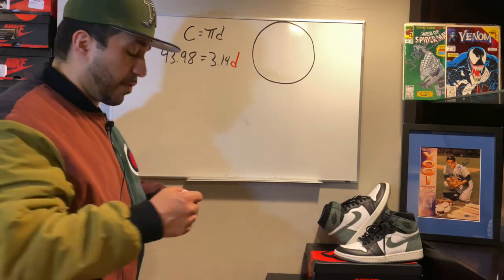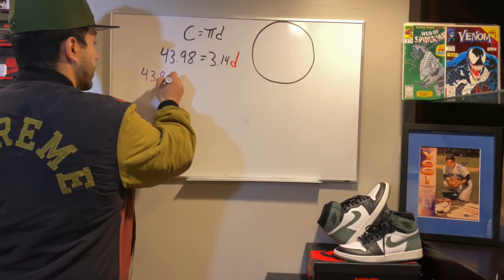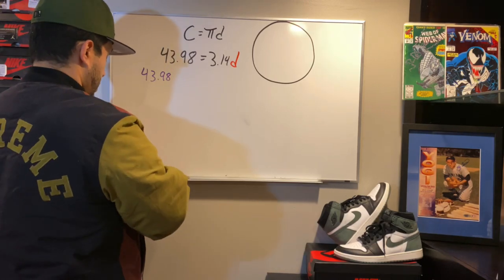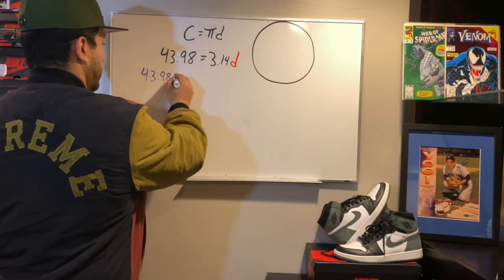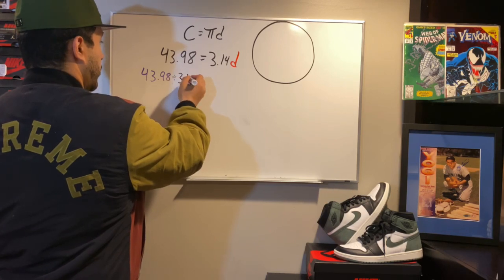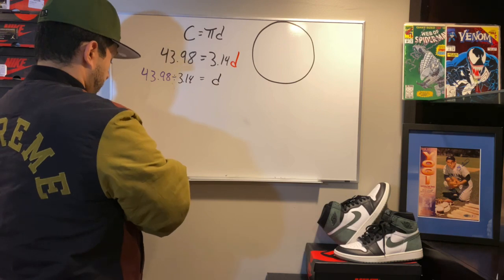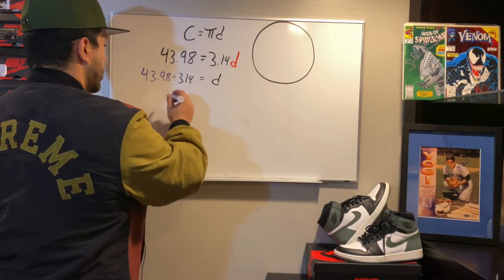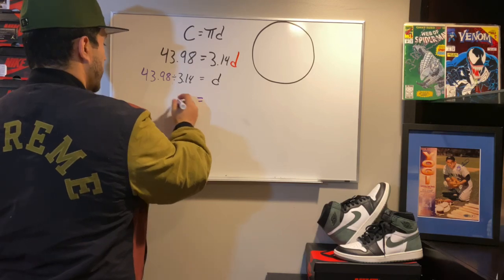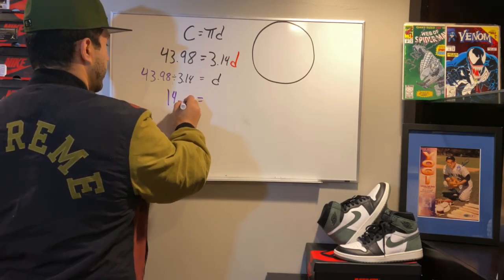So again, I'm going to rewrite this as 43.98 divided by 3.14 equals d. And when you put that in your calculator, what you end up getting is a diameter of about 14 feet.